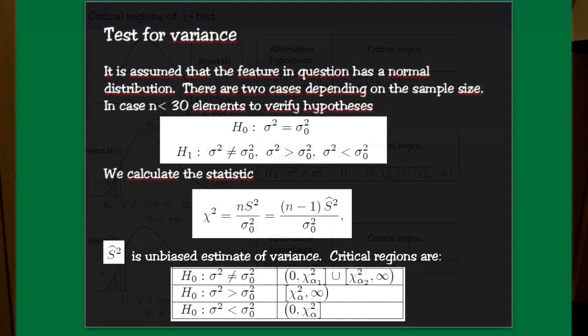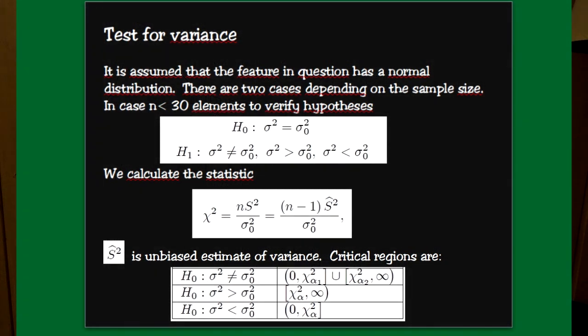In the second case, we have from chi-squared alpha to infinity, and in the third case we have from 0 to chi-squared alpha. The funny thing is that chi-squared is never negative. That's why the critical regions always start at least from 0.